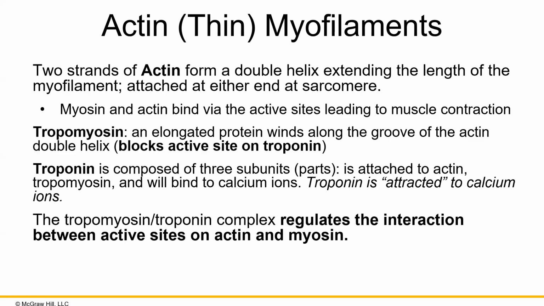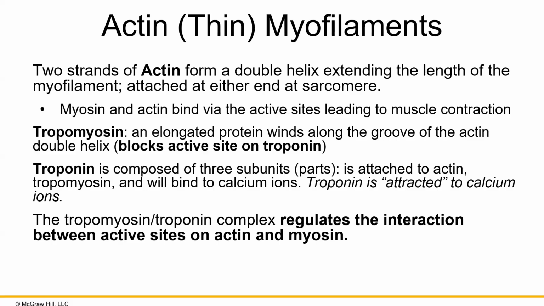And so tropomyosin is the lid on the active site. It blocks the active site. And so it says blocks the active site on troponin. This should really say blocks the active site on actin. Troponin is what lifts the lid on the active site. So troponin is going to move tropomyosin out of the way.